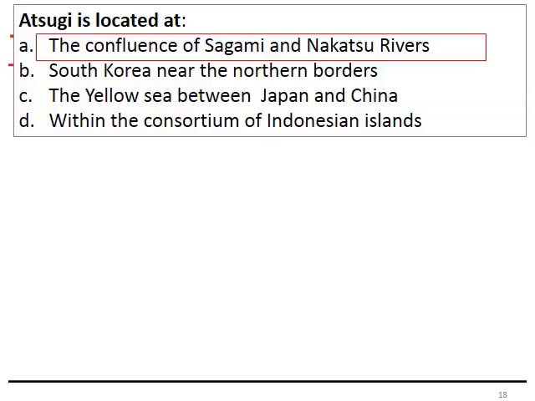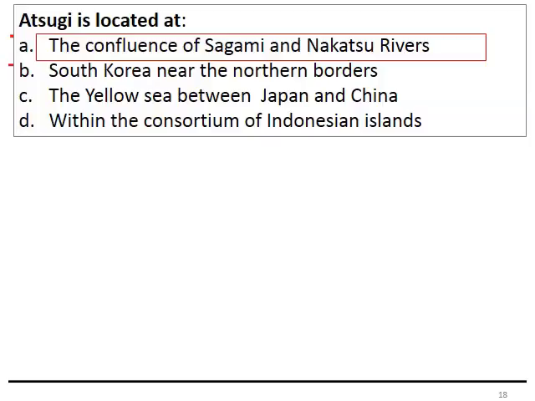If you are attentive to grammar, you will easily spot how students will guess. They read it: Atsugi is located at the confluence of Sagami. This reads correctly. The other alternatives do not read properly. Atsugi is located at South Korea. Atsugi is located the Yellow Sea.